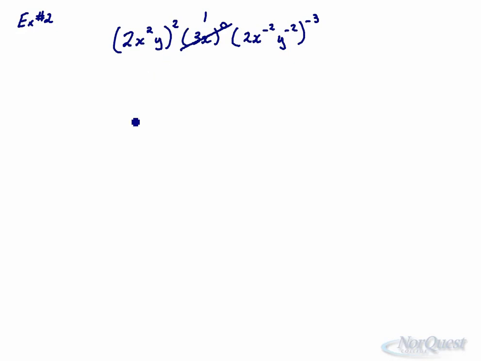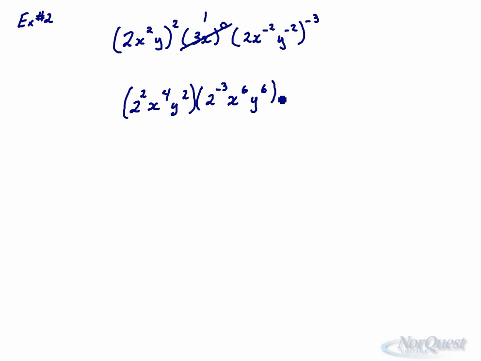That's going to be 2 to the power 2, x to the power 4, y to the power 2. The second term is just 1, so I'm not even going to write that. And the last term is going to be 2 to the power negative 3, x to the power positive 6, y to the positive 6.